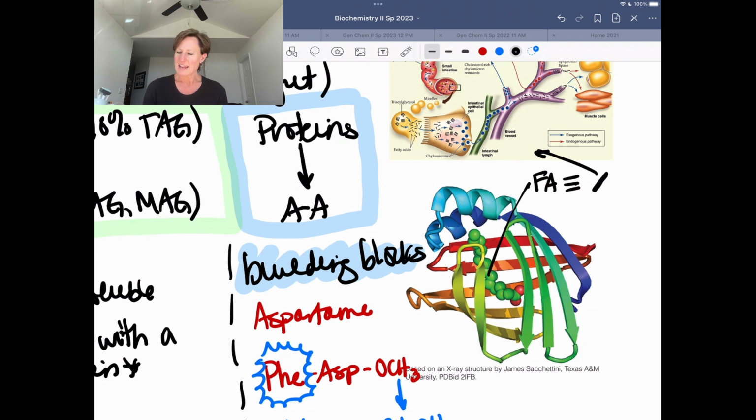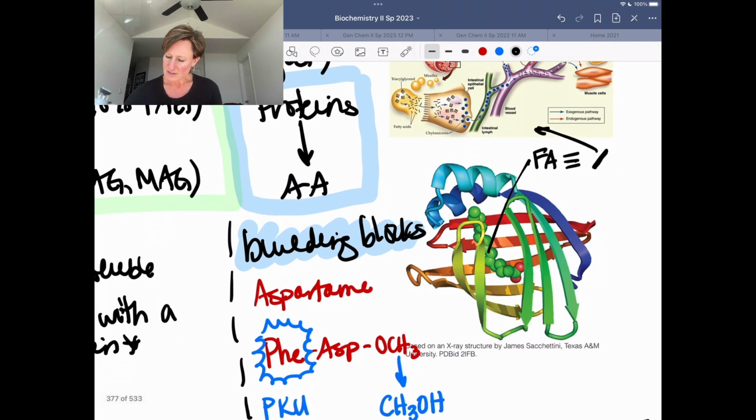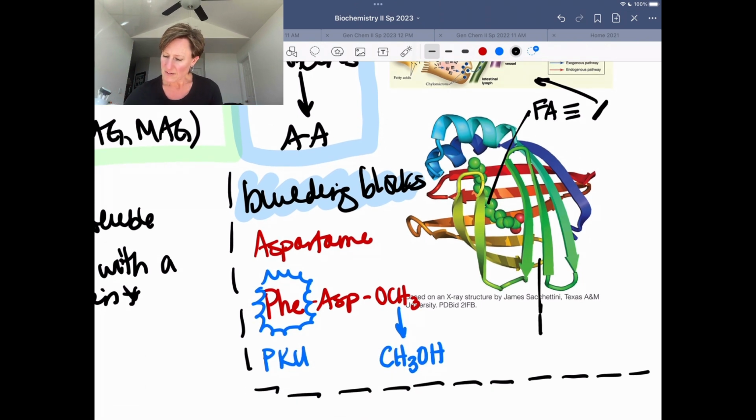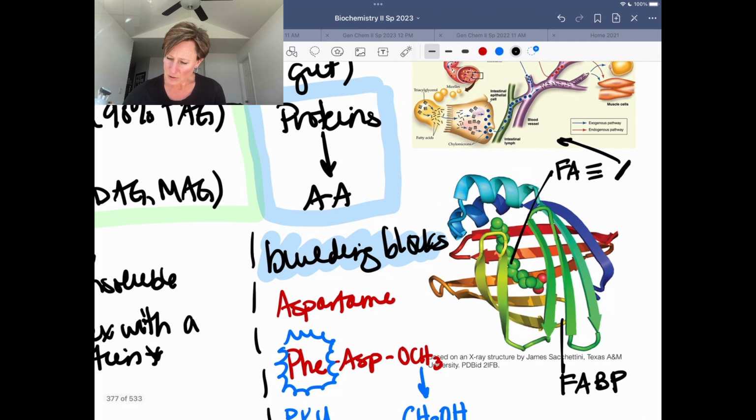Those fatty acids are complexed with a protein that we call a fatty acid binding protein. So fatty acid binding protein lives inside those intestinal epithelial cells.